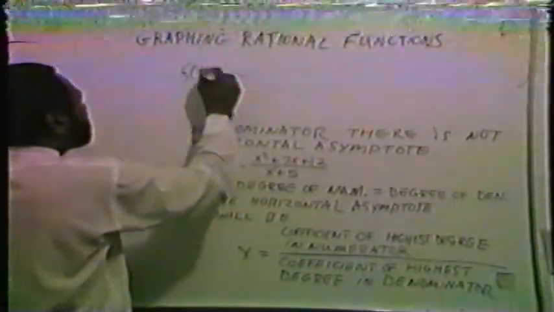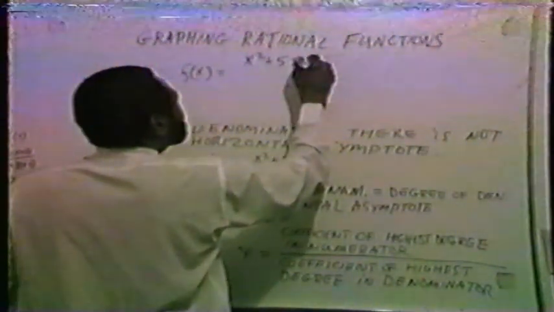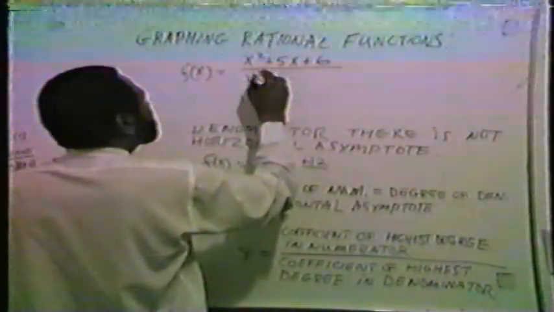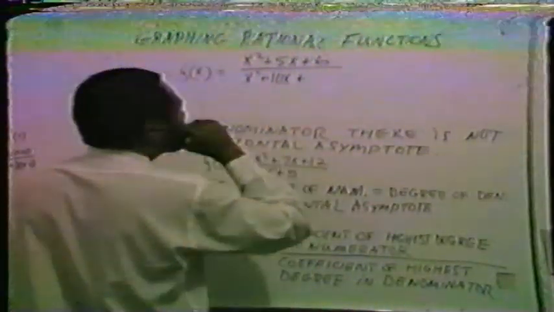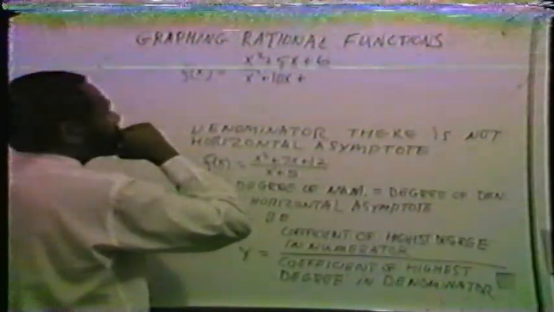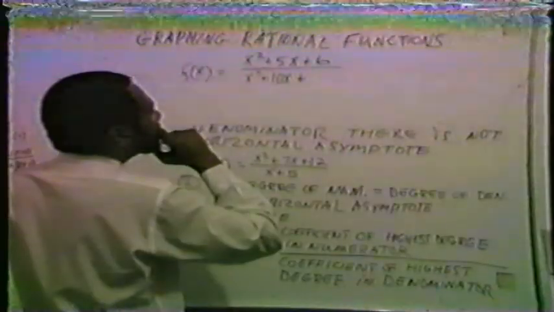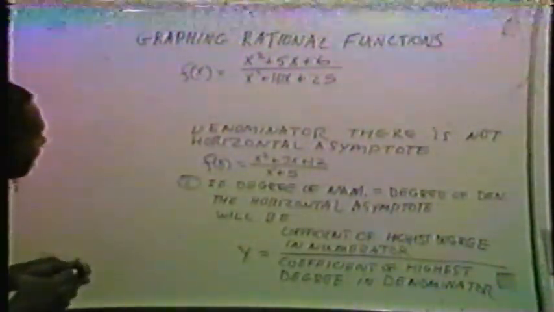An example of this case would be f of x equals x squared plus 5x plus 6 over x squared plus 10x plus 25.